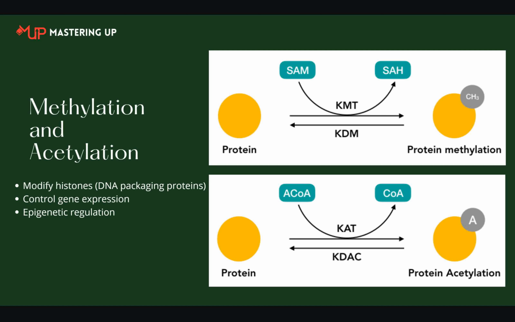Similarly, methylation and acetylation work on histones, the DNA packaging proteins which tightly pack the DNA into chromosomes, as we have seen in the DNA structure. With these modifications, the gene turns on or off, so that gene expression is controlled, and this is responsible for epigenetic regulation.